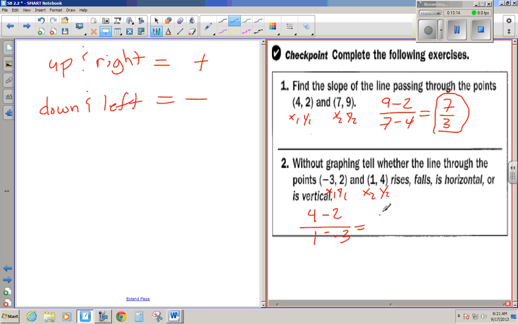So 4 minus 2 is 2, and 1 minus negative 3, that's a plus, that's 4. So 2/4, which is a positive 1/2. A positive number means it rises.